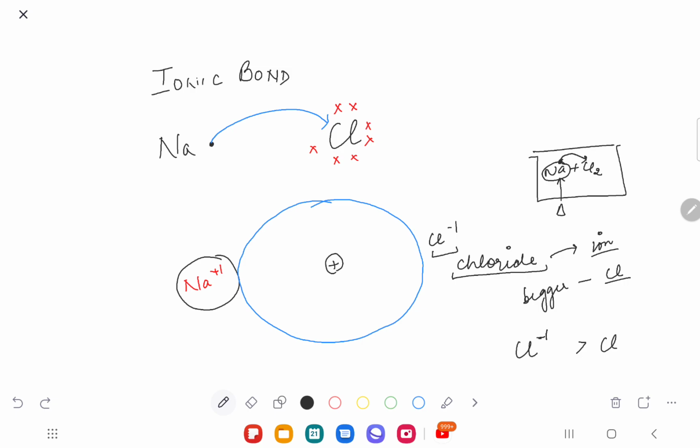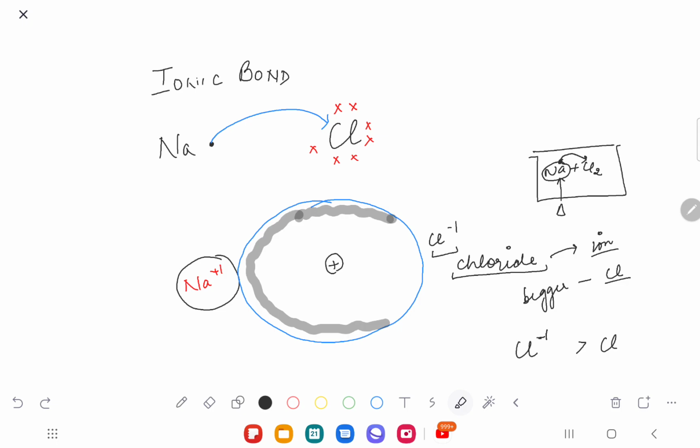So can I say that chlorine is not holding its electrons tightly? The chlorine's electrons are lying here, very far off, but the sodium's electrons are lying here in this green area. So I think you understand that sodium is holding its electrons way more tightly than chlorine.